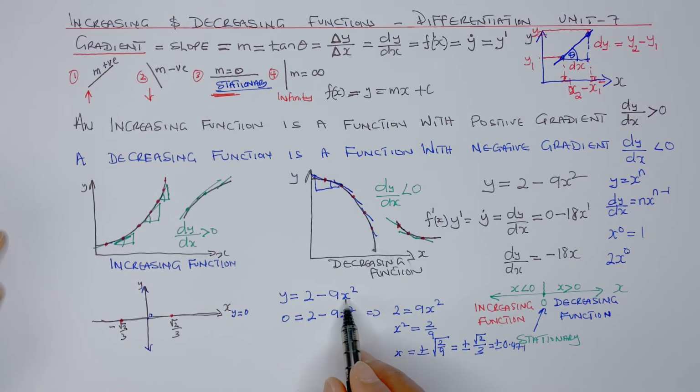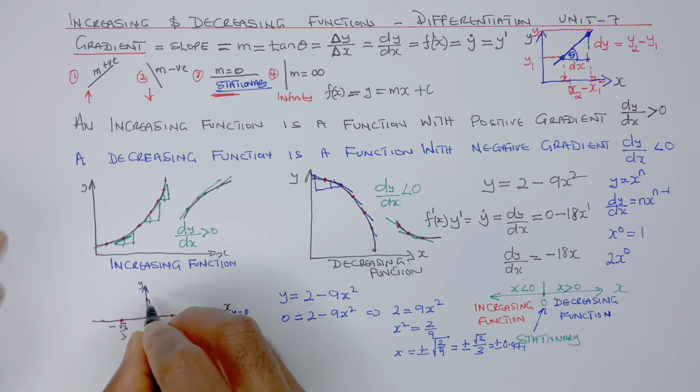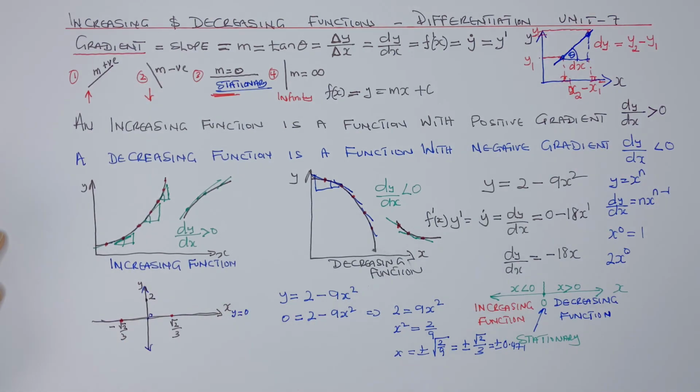And when x is 0, 0 times 9 will disappear, and then you just get y equals 2. So this is the maximum point here, y equals 2.